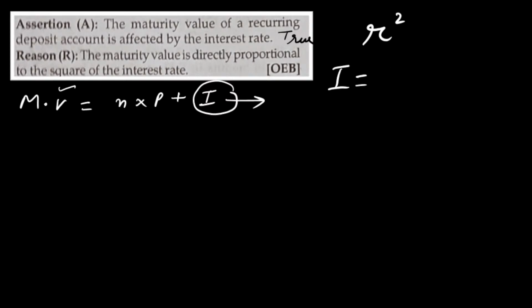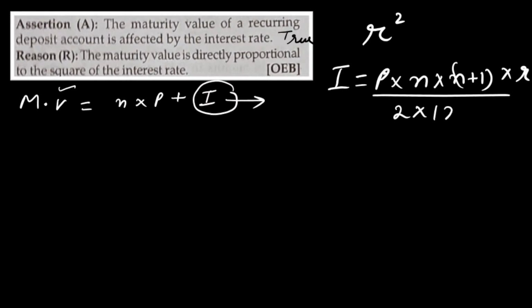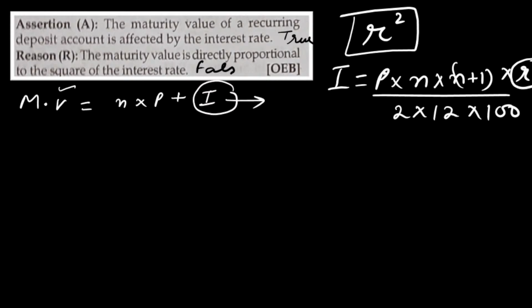I's formula is P into N into N plus 1 into R by 2 into 12 into 100. This is the formula of interest. Here we have R as interest rate. We don't have any R square. If we don't have any R square, that means this statement is false.